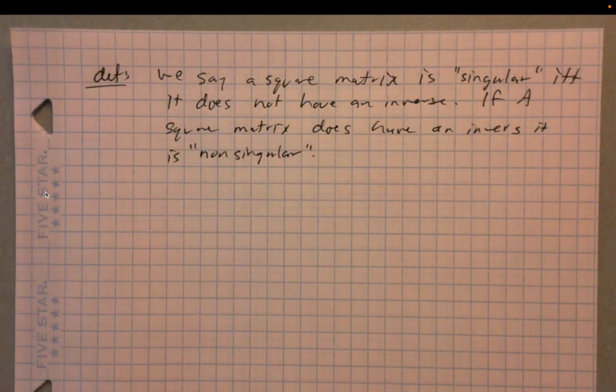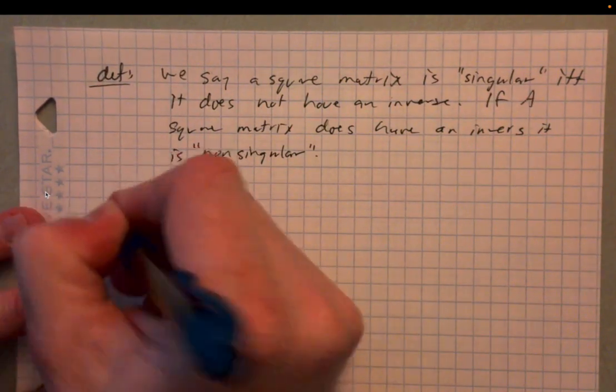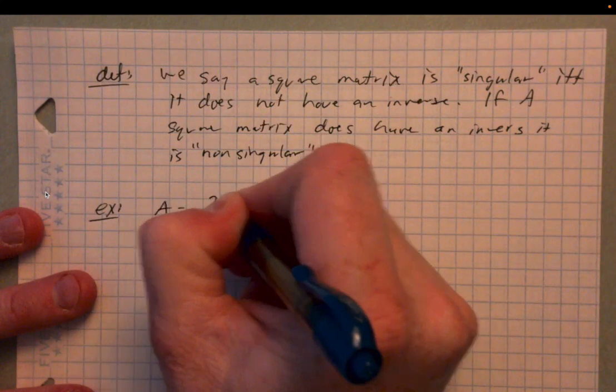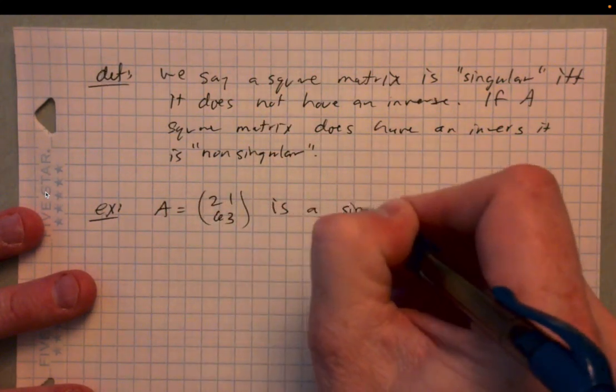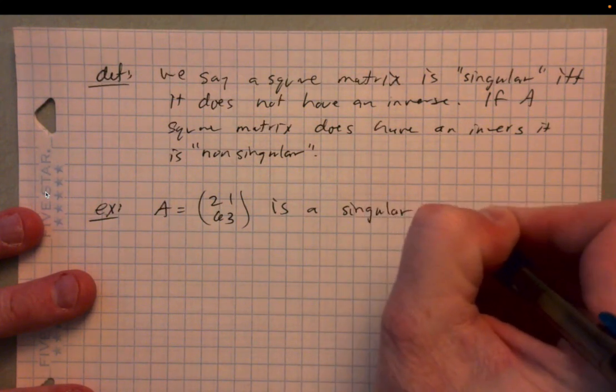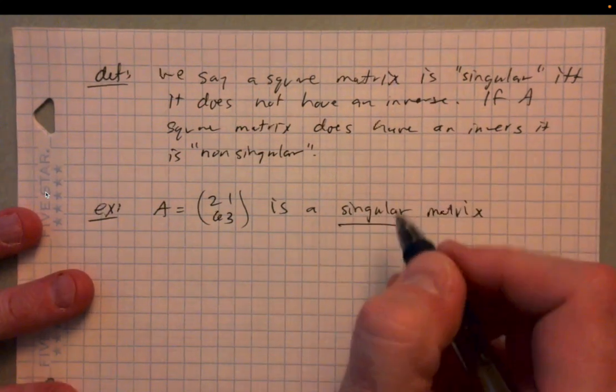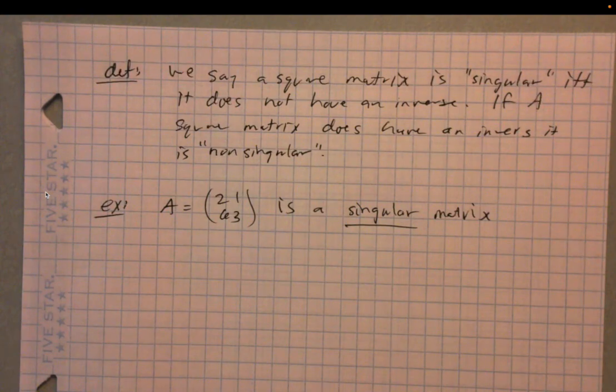Most matrices are non-singular. There are examples of matrices, however, that are singular. We just saw one. Our previous example, A equal to 2, 1, 6, 3, is a singular matrix, because it does not have an inverse.